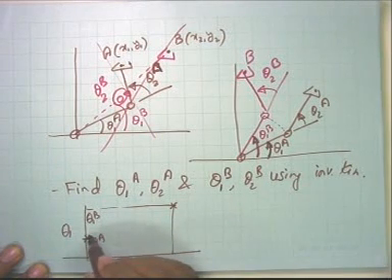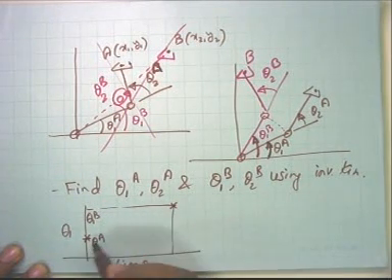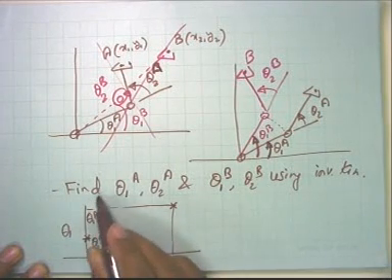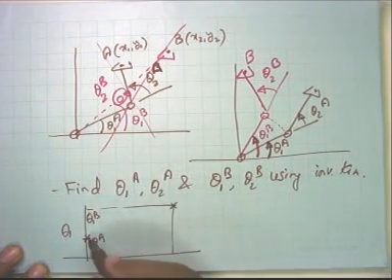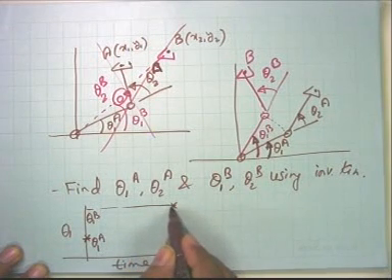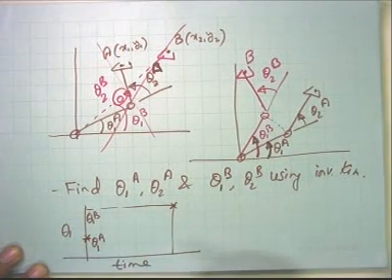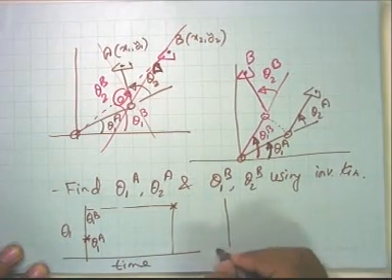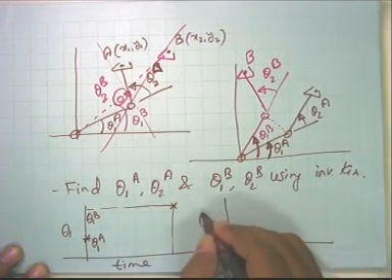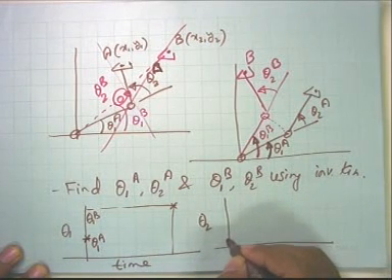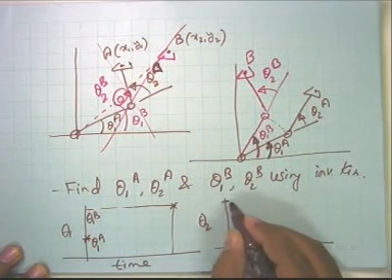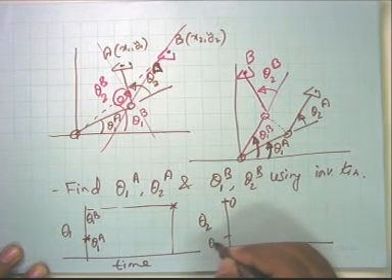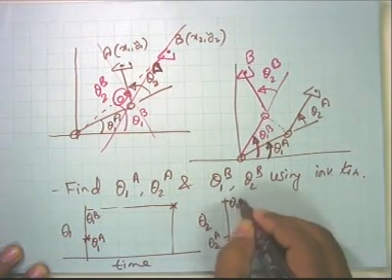Whether I want to go in a straight line, or in a circular path like this, or a circular path like that, or in a sinusoidal path like this, will be my choice. Similarly for theta 2, I may have theta 2A and theta 2B.